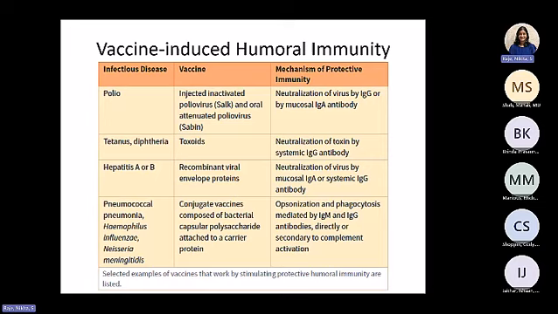They can be recombinant viral proteins like hepatitis A or B. They can be conjugate vaccines for polysaccharides like pneumococcal, or a pure polysaccharide for pneumococcal. Pneumococcal, Hep, Neisseria, all of these can be conjugated vaccines.